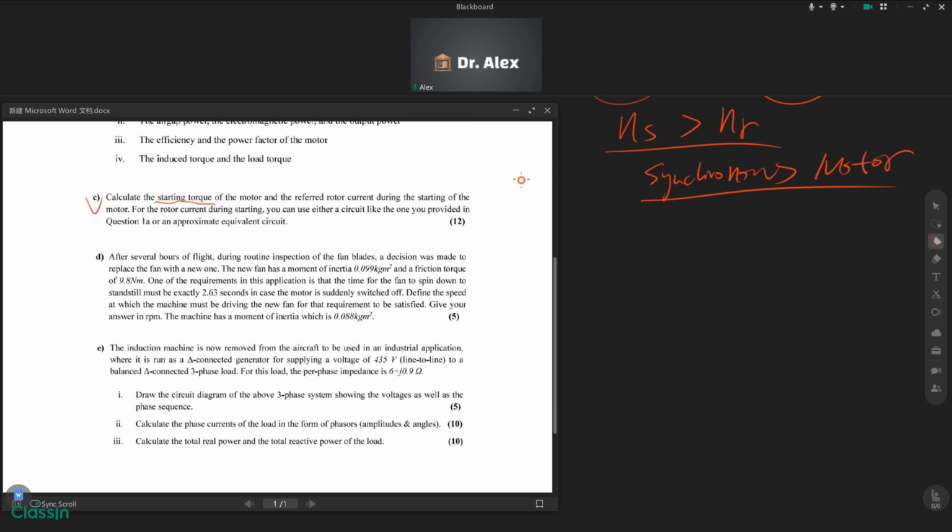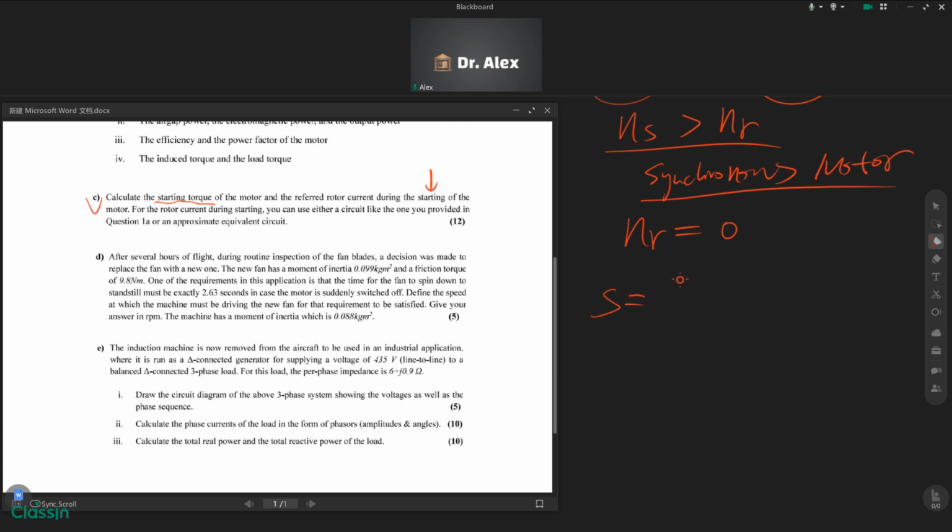Let's focus on this question. At the very beginning of the induction motor, the rotor will be static, not moving. So the angular speed for the rotor will be 0.